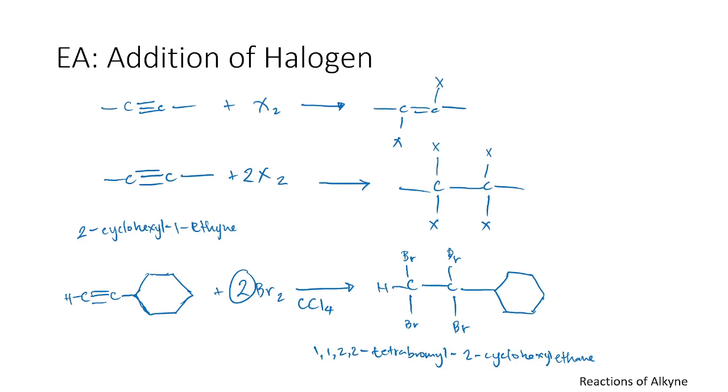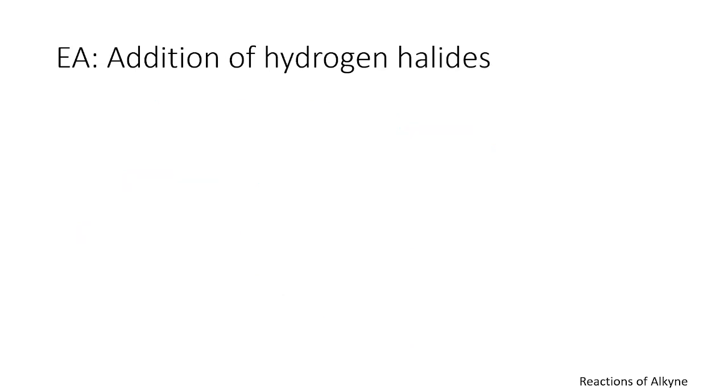So, for our next electrophilic addition, we have the addition of hydrogen halide. It is the same concept as the addition of halogens, but for this one, it will follow Markovnikov's rule, as you may have remembered.